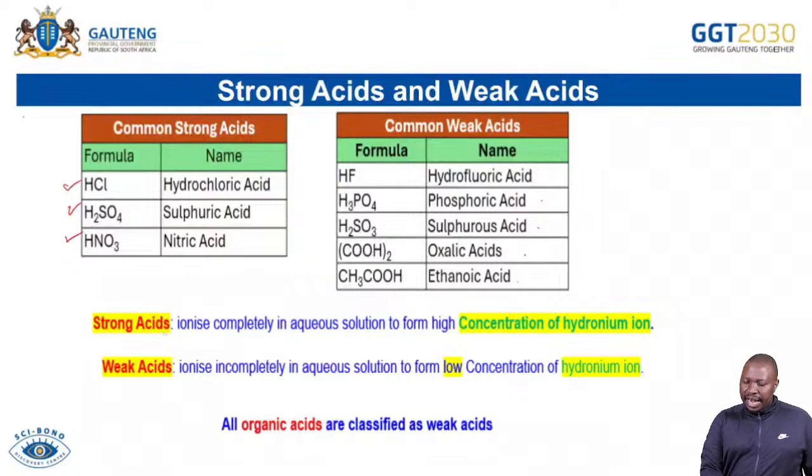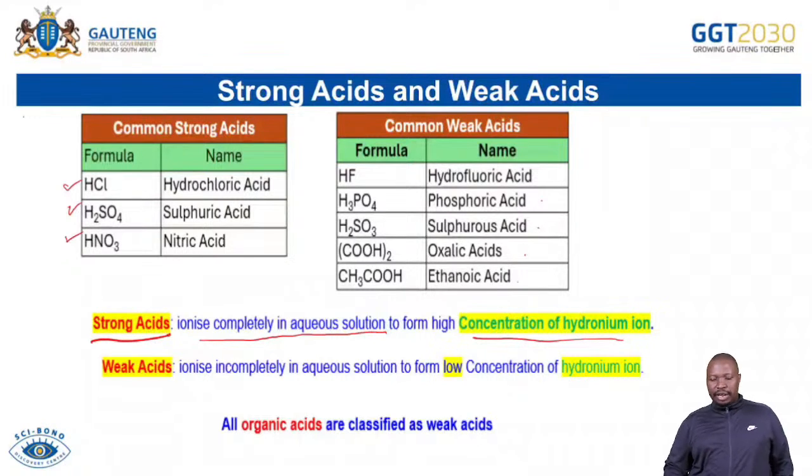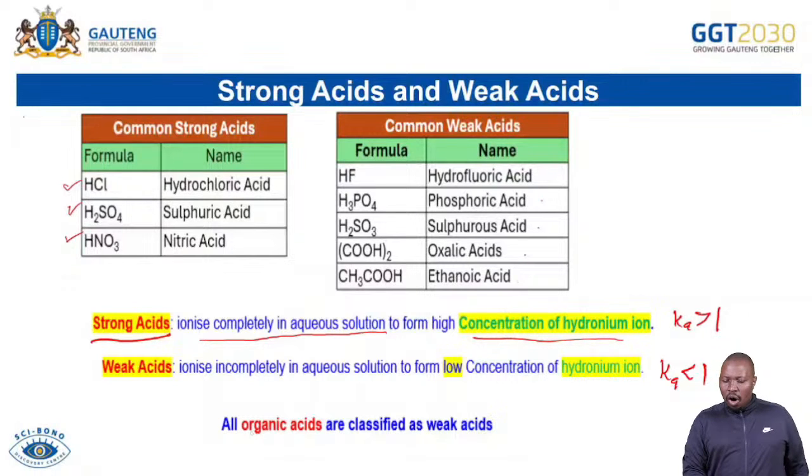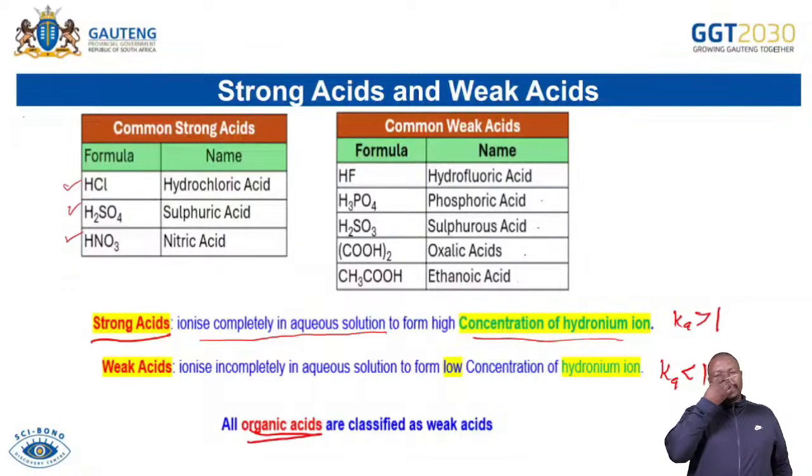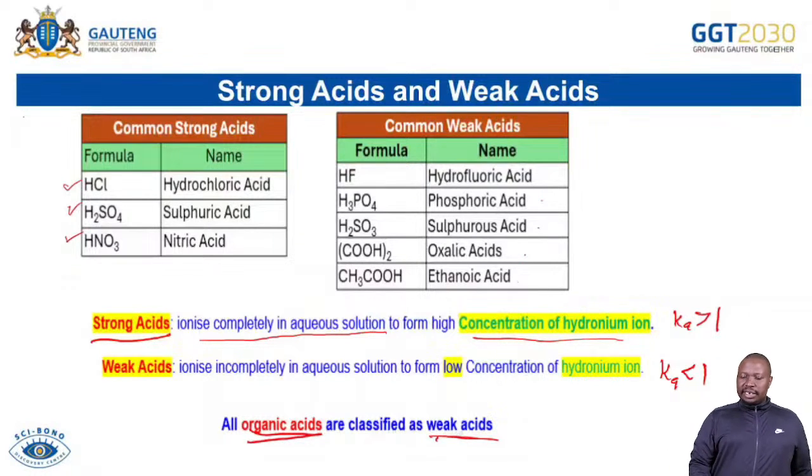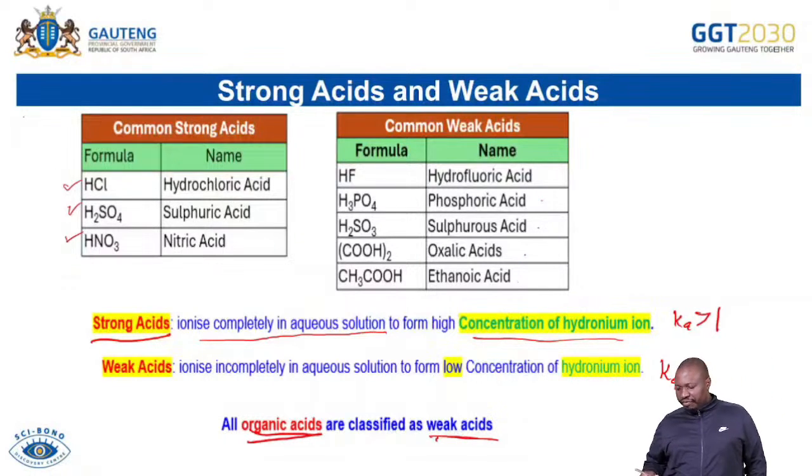Strong acids ionize completely in aqueous solution to form a high concentration of hydronium ion, and have a Ka value greater than 1. Weak acids have a Ka value less than 1. All organic acids are classified as weak acids. The strong ones are those that we have indicated.